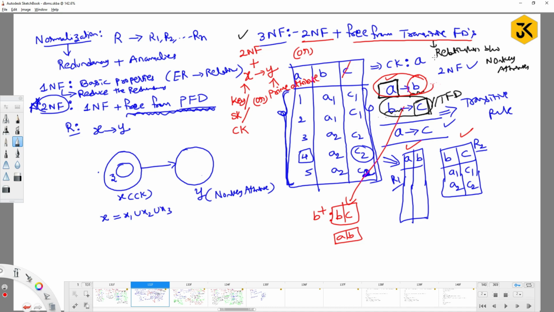No, because transitive functional dependency means both sides should definitely be non-key attributes. So indirectly, this definition is following this principle only. Am I right?